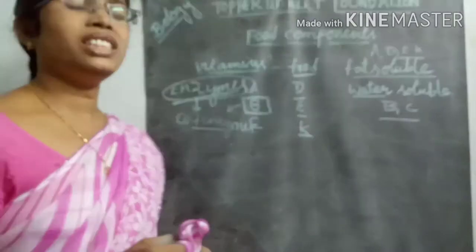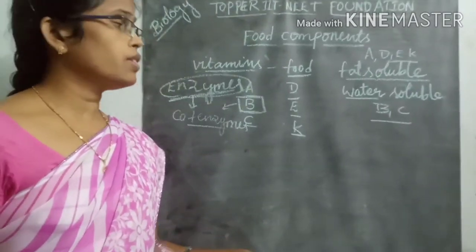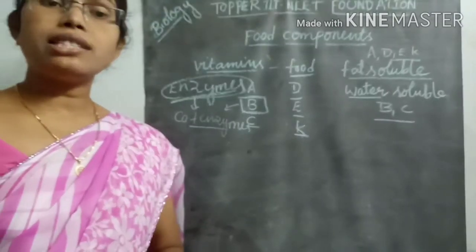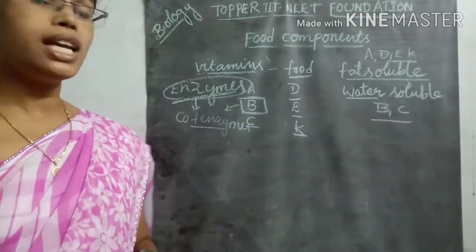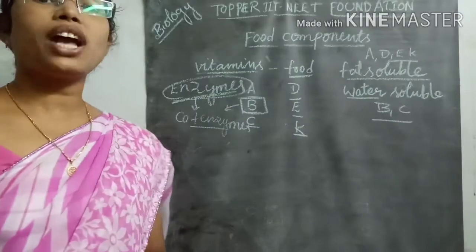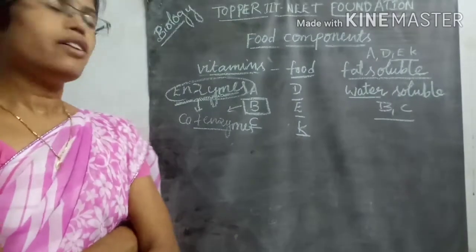So from the sun, vitamin D is available, so that's why vitamin D is also called the sunshine vitamin.